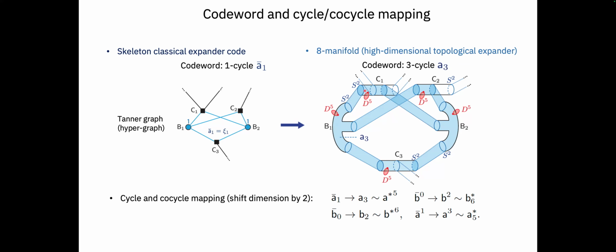But once you lift it to higher dimension, it actually becomes a three-dimensional closed membrane. In general, it maps all the cycles and cocycles in your classical code to higher dimensional cycles and cocycles in the manifold. And here I'm just showing a Poincare dual pair of 3 cycle and 5 cocycle. So that's what we have achieved.